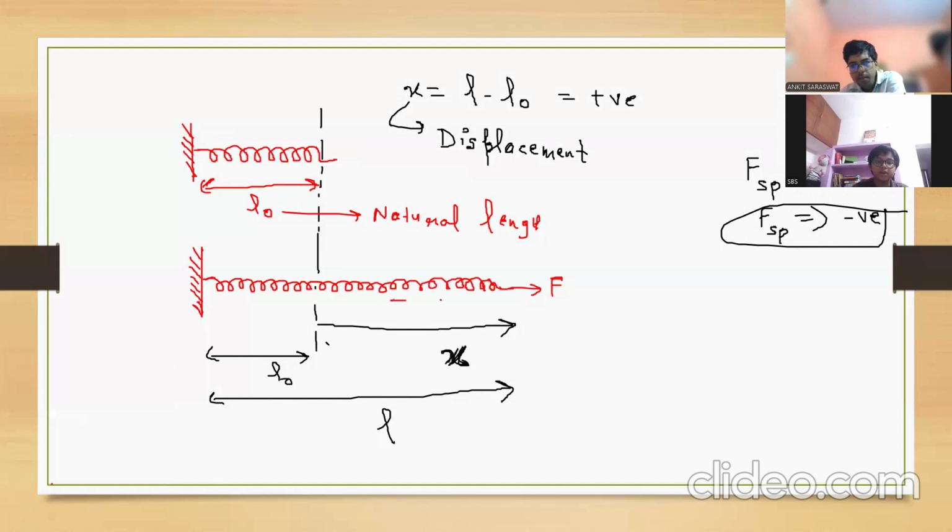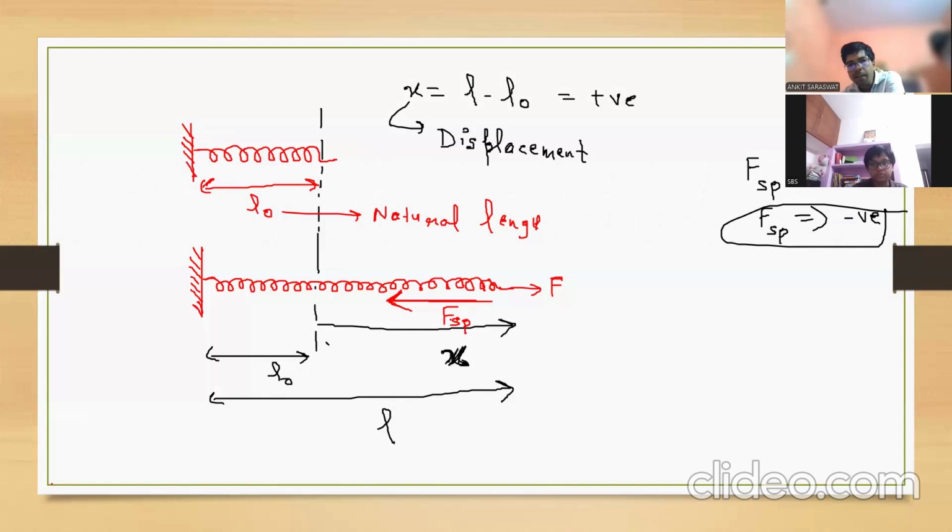Like this. Okay? Clear? Yes, sir. So once you release this F, once you remove the applied force, then because of this F_sp, it comes back to its natural length. Understood?